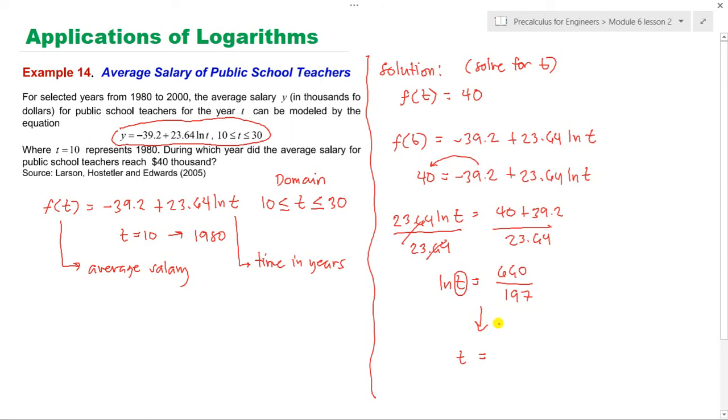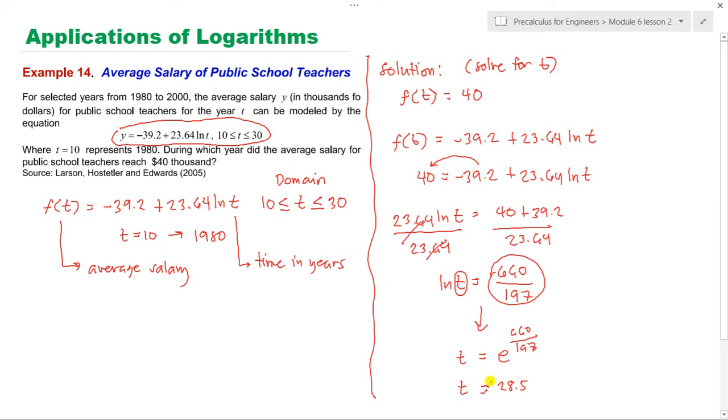Ang base for natural logarithm kay e, raised to the answer of the logarithm is the exponent. That is e raised to 660 over 197. Therefore, simplifying, the time is e raised to 660 over 197. The answer is 28.5, approximately. 28.5 ang time.